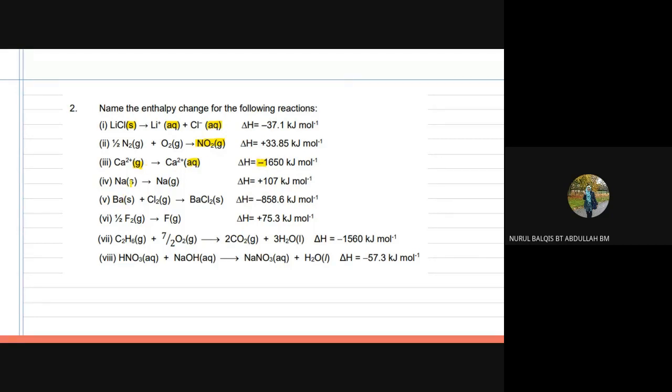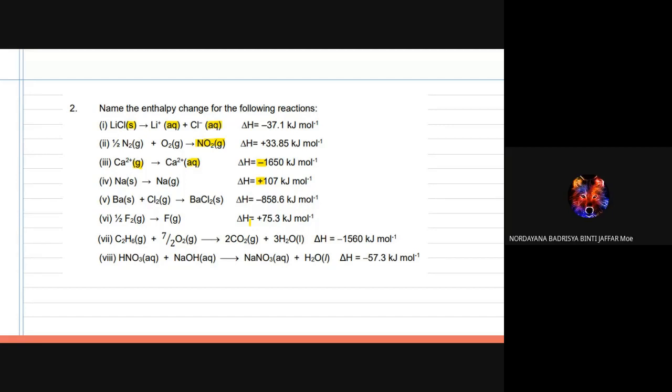Then we have sodium in solid state to become sodium in gaseous state, both 1 mole. So this we call, and it is positive. If positive, we have either heat change or heat of atomization, right? Yes. So heat of atomization, can I know the definition of heat of atomization?